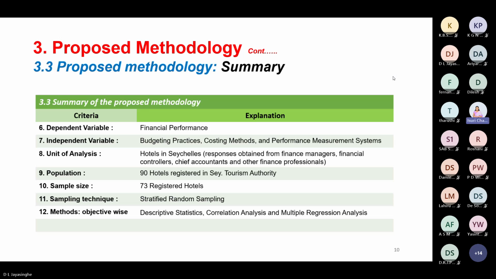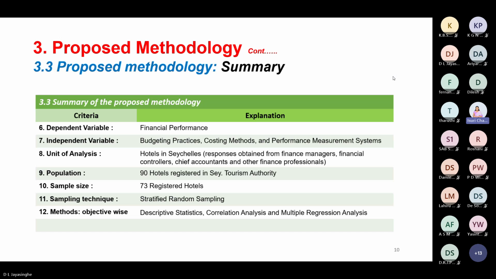So then your unit of analysis is not the hotels in Seychelles, but the individuals. If it is a questionnaire, our normal unit of analysis is the individual, but otherwise it might be hotels or the companies. That's why I asked the question: are you supposed to collect the data from the individuals or the organization? It is individual, madam, like finance managers and hotel managers.